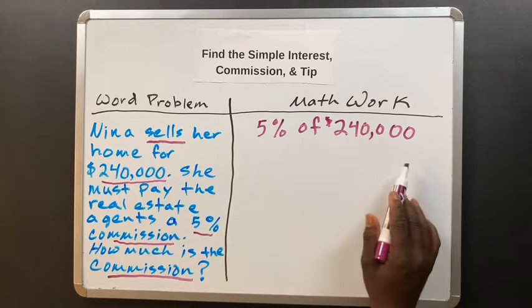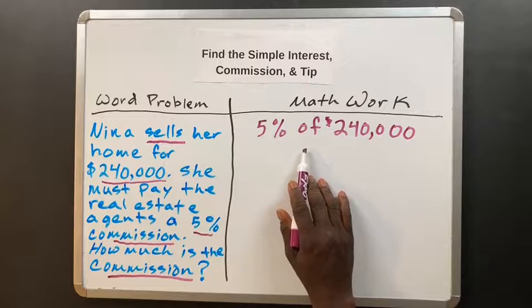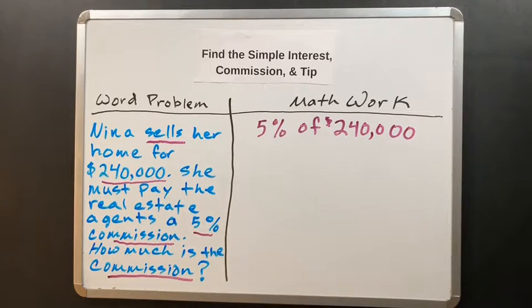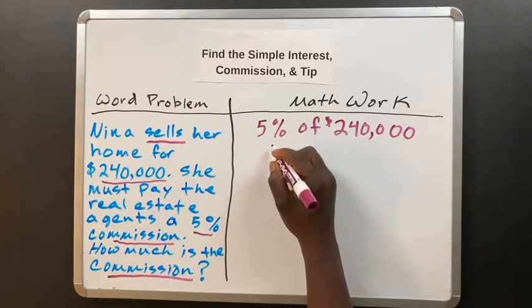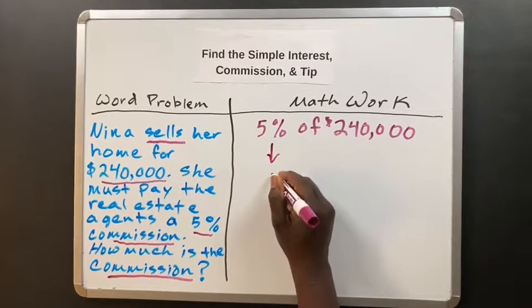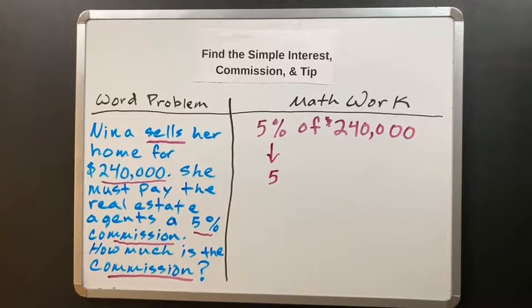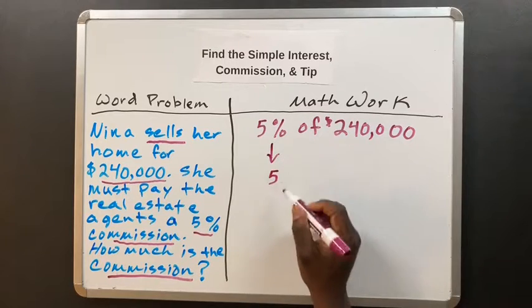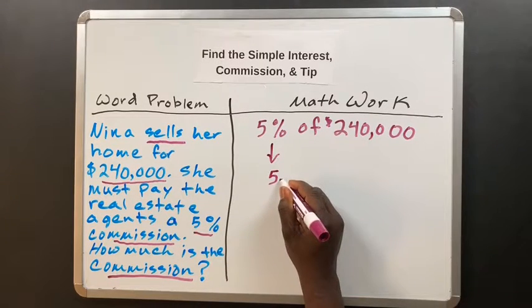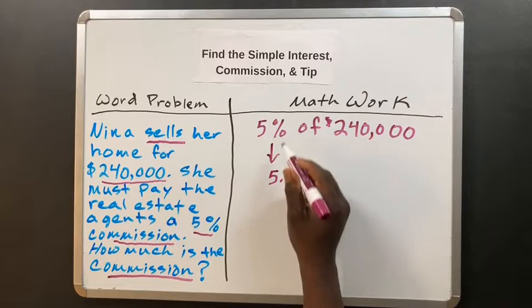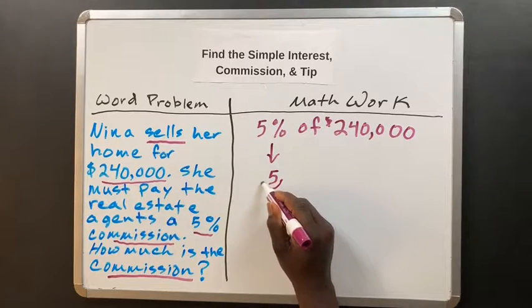When you say 5% of, that means multiply, but we need to change this 5% to a decimal. So I'm going to do that right here. I'm going to write 5. And this is a little trick. You see those two zeros in the percent symbol? We know that the decimal is right here for 5, but we're going to move that decimal 2 spaces to the left. 1, 2.